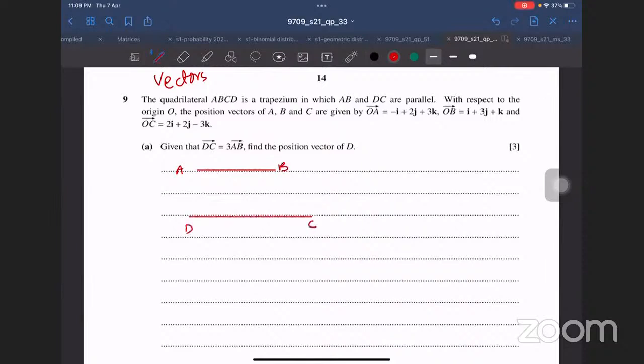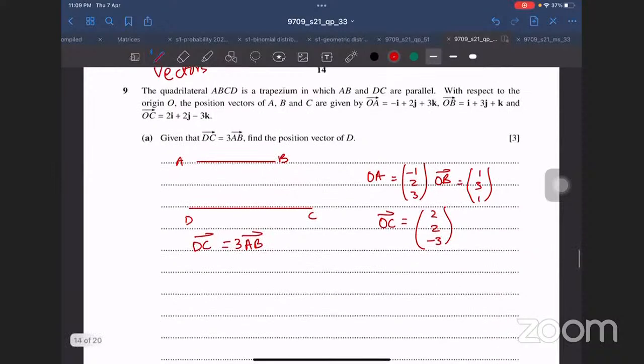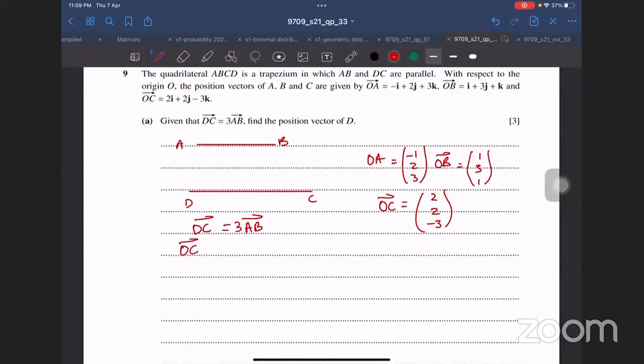I don't know where they are exactly, but I'm just doing that with respect to the origin O, the position vectors of OA. I have a habit of writing them vertically. OB, OC. Given that DC is equal to 3 times AB, this question is simple then, breaking down vectors, OC minus OD, and I can calculate OB minus OA. I can calculate AB.